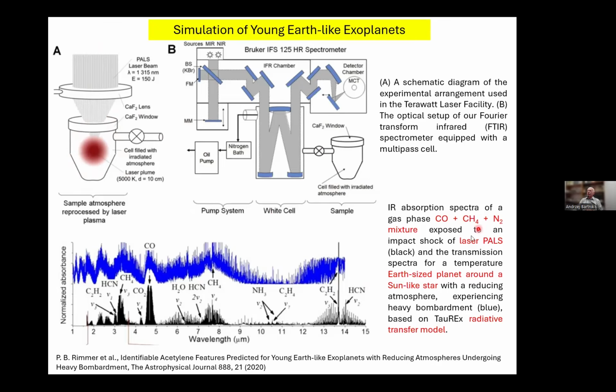The laser was a pulse laser from Prague, and it was irradiated by multiple shots, and some molecules were formed inside. This container was then connected to an infrared spectrometer, and the spectrum was obtained, which is visible in the bottom of this slide, and is compared with some observations.